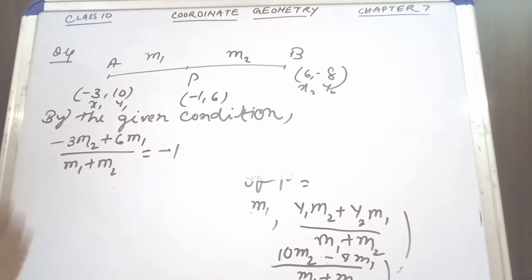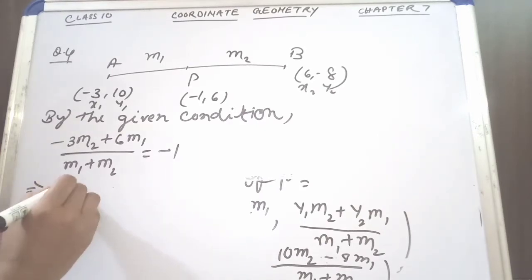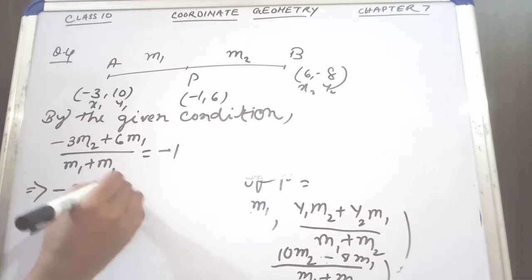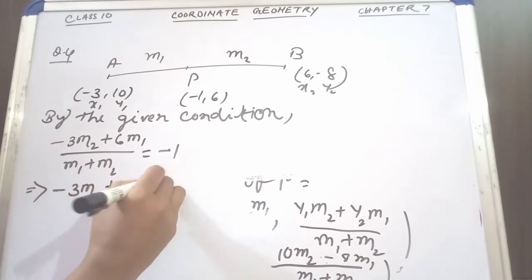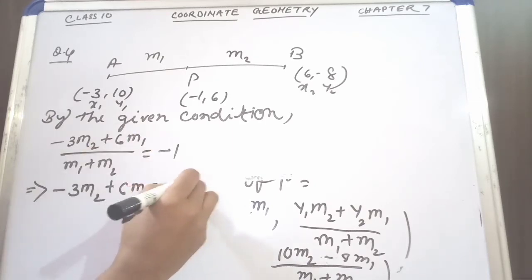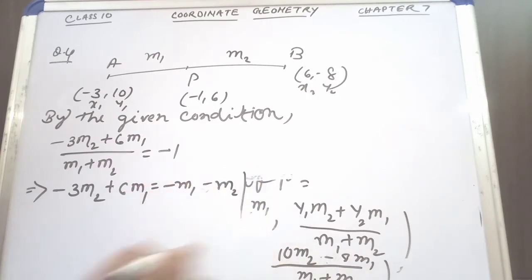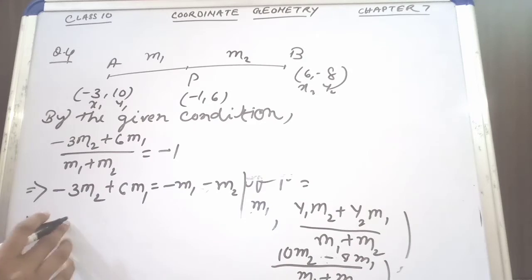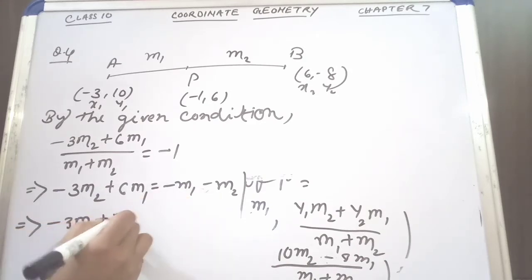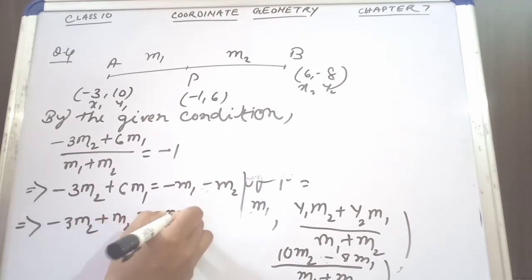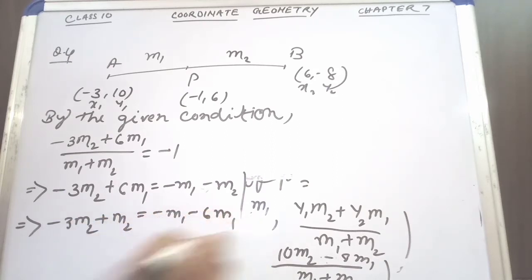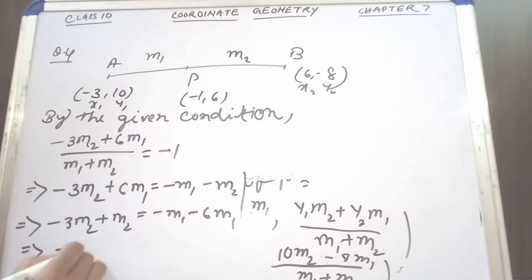Now simplify this. Minus 3m2 plus 6m1 is equal to minus m1 minus m2. Minus 3m2 plus m2 is equal to minus m1 minus 6m1. Minus 2m2 is equal to minus 7m1.